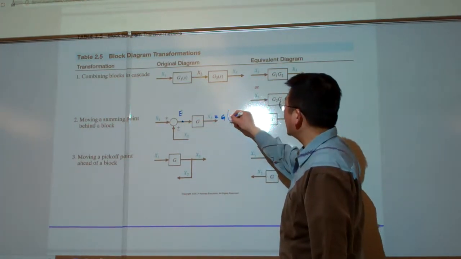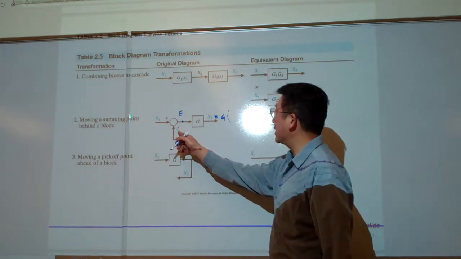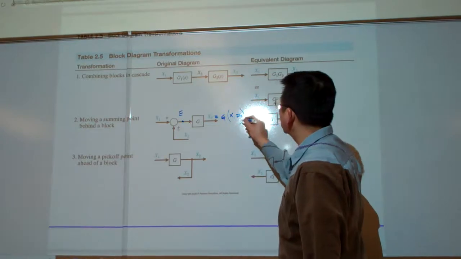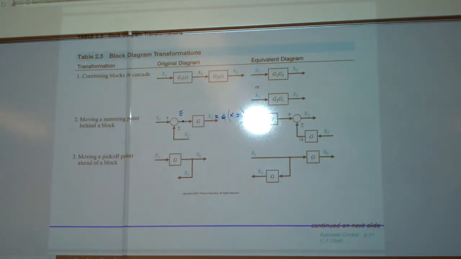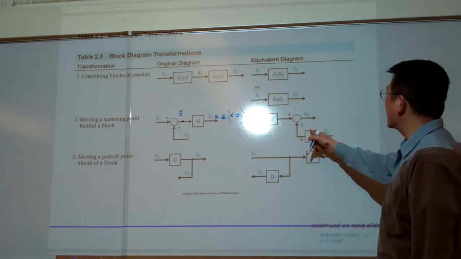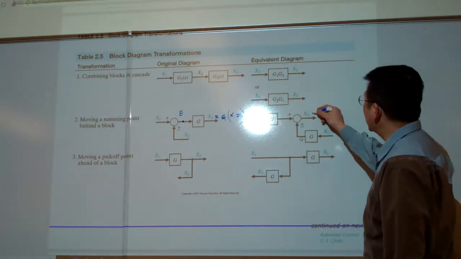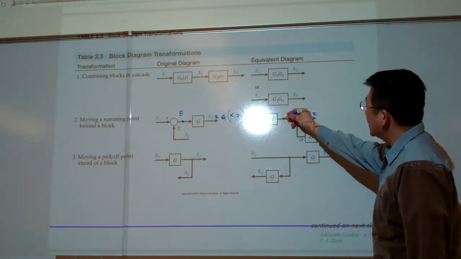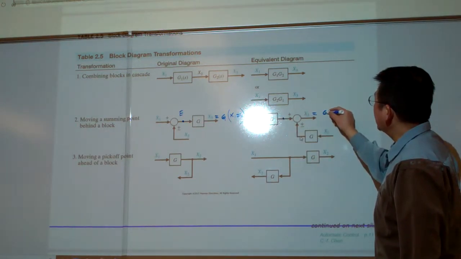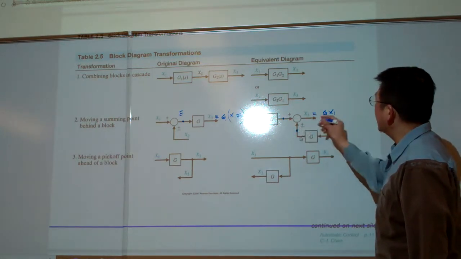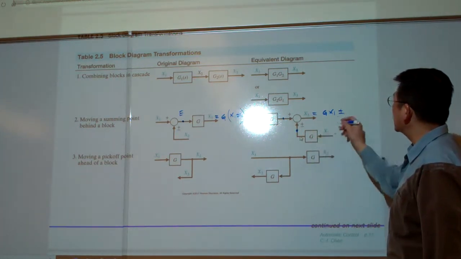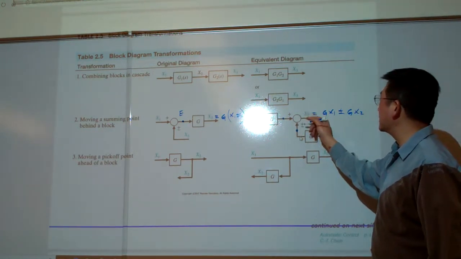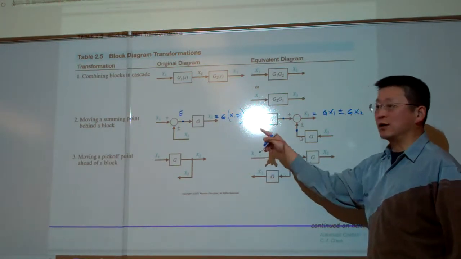And what is e? e equals x1 plus or minus x2. So that is the information, and the equivalent model will look like this one. From here you can see x3 will be equal to the summation of the two signals, this one equal to g times x1, and this one g times x2. So from here you can see x3 equals this, and the two systems are equivalent.